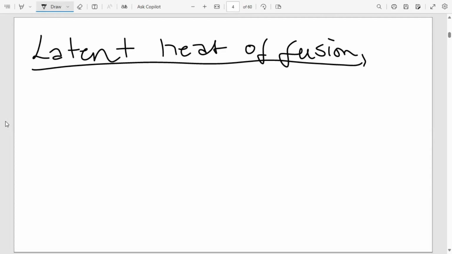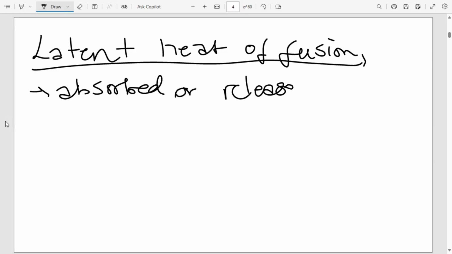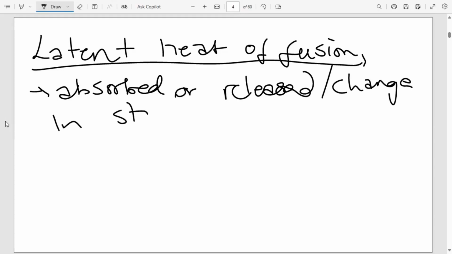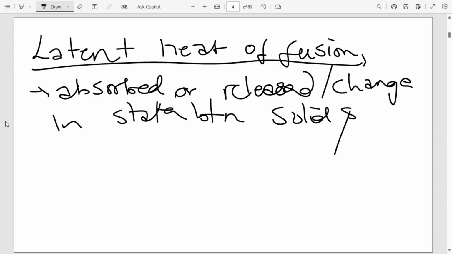This is the heat that is absorbed or released when there is a change in state between solid and the liquid.